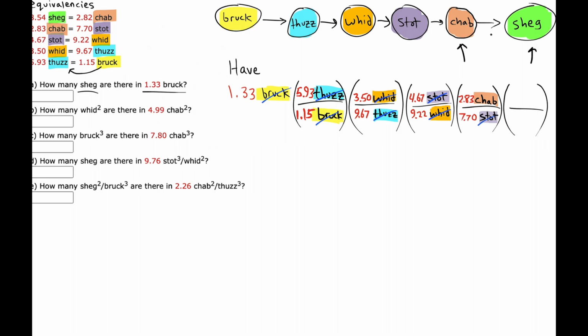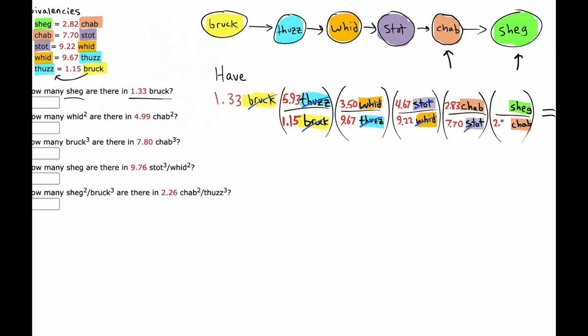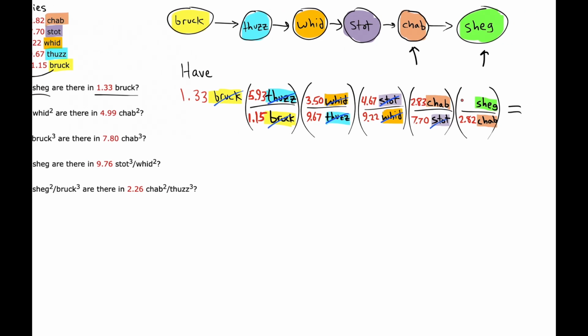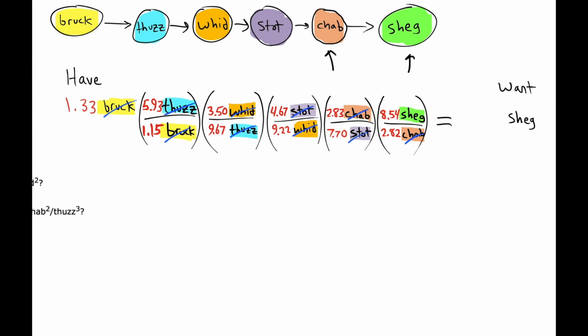We're going to go from chab to sheg. So now we are here. Okay, that'll do it. We've now canceled off all of the undesirable units and only sheg remains.